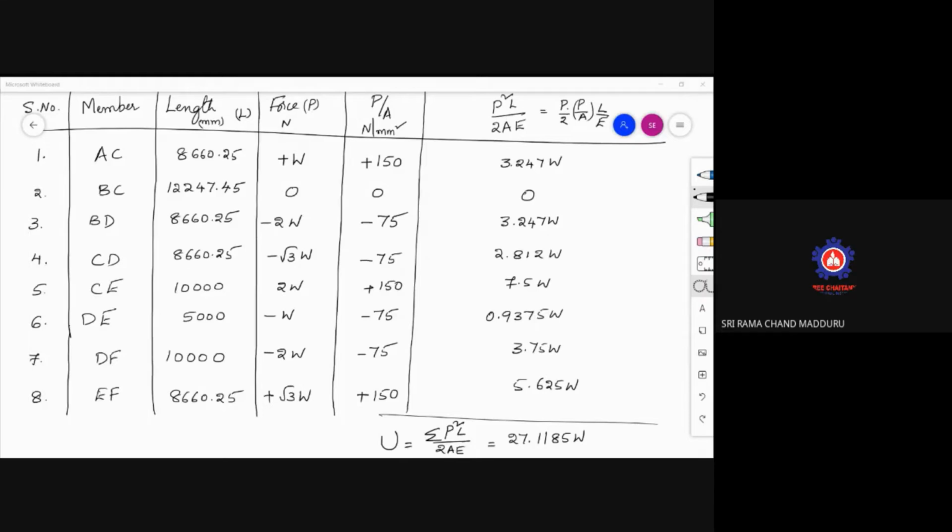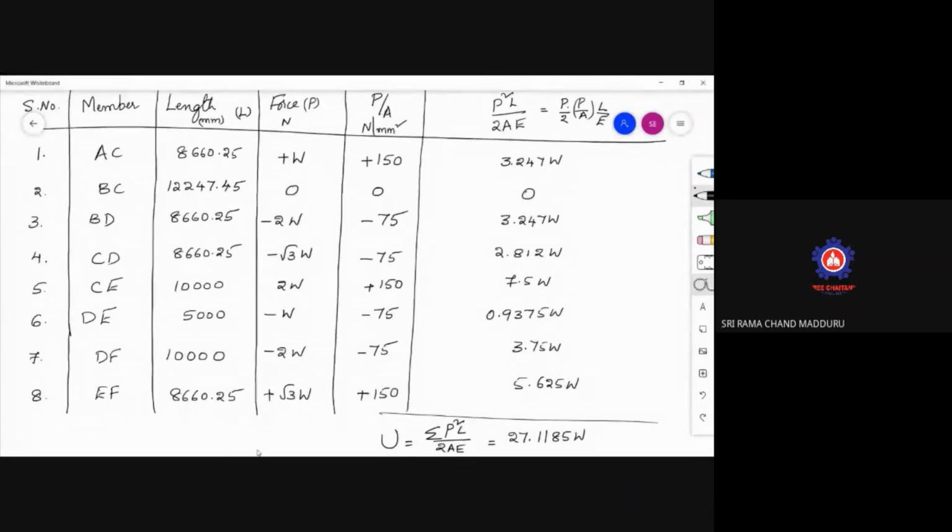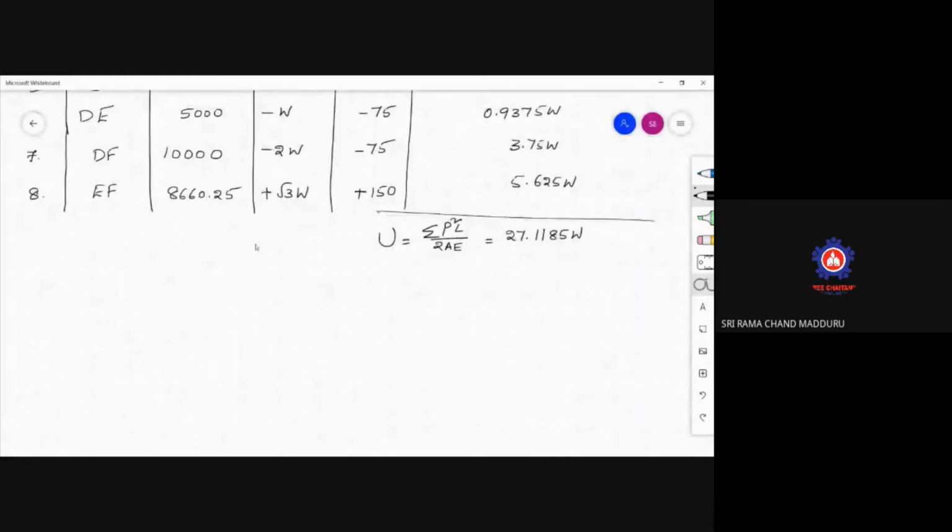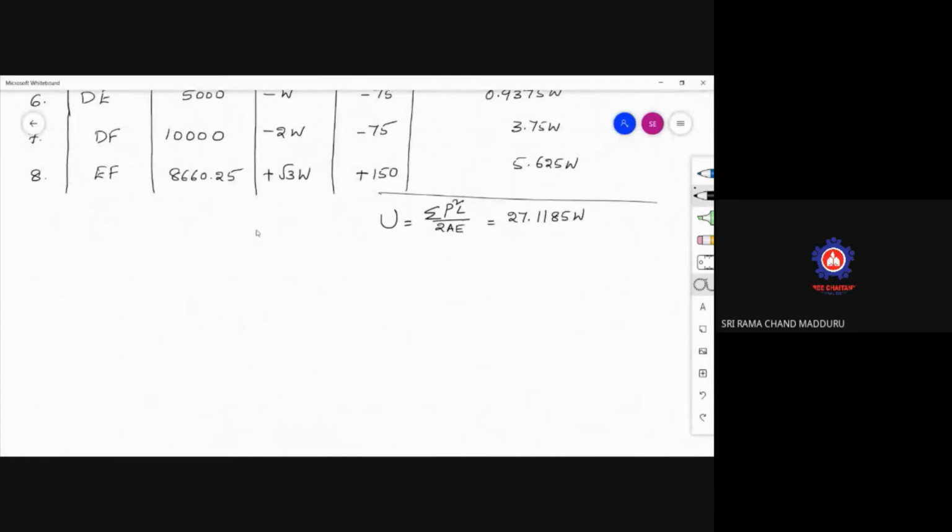Right. Now, let us go back and complete the problem. After getting the U value, that is the strain energy, 27.1185 into W, now we should get the deflection.